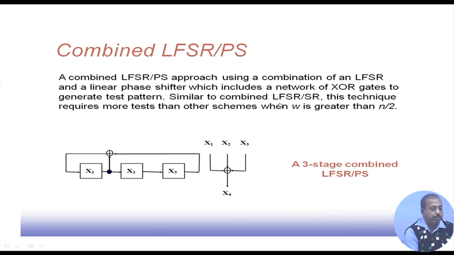It is similar to LFSR SR, and needs more tests when W is more than N by 2. So the performance of LFSR SR and LFSR PS is going to be similar. The only difference is that instead of using extra shift stages, we are using a phase shifter made of XOR gates.